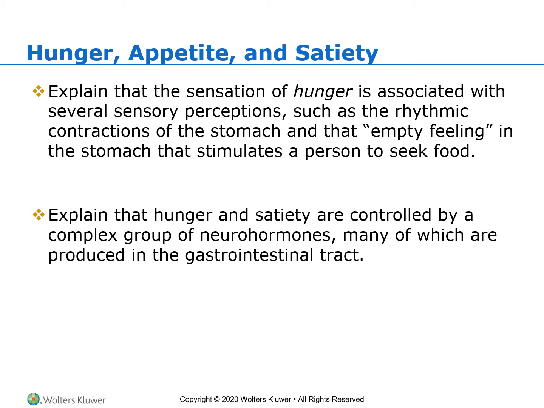Hunger is associated with sensory perception, like the rhythmic contraction of the stomach, that empty feeling in the stomach that stimulates you to go look for food. Appetite is the desire for a particular type of food, whereas satiety is the feeling of fullness, and thus you desire less food. There are two centers in the brain that interact with hormones and neurotransmitters to control food intake and energy output.